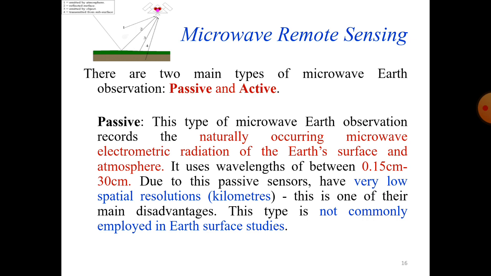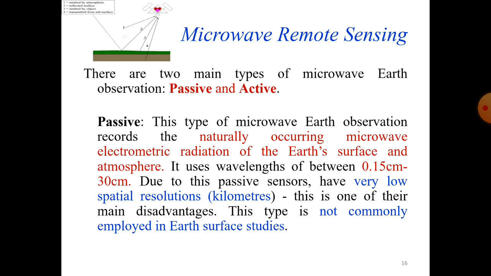In passive microwave remote sensing, we find EMR is emitted by the Earth's surface itself, which has a wavelength of 0.5 centimeters to 30 centimeters.